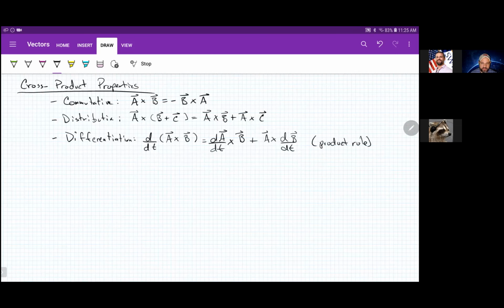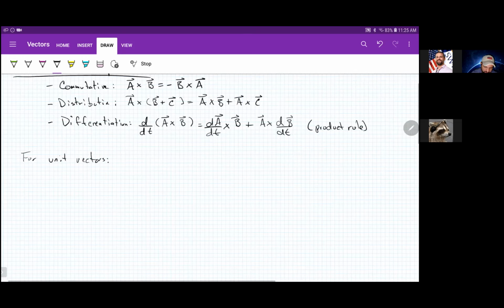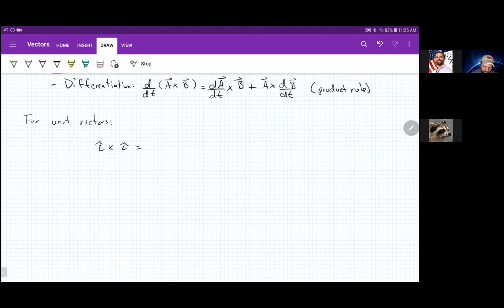All right. Unit vectors. Right, so we did this with the dot product. If I do i cross i, we're going to get the magnitude of i times the magnitude of i times sine of theta n hat. And so for the sake of time, I'm not going to ask a lot of questions here. Theta is going to equal 0. The magnitude of i hat is 1, right? So we're going to end up here with a 0.